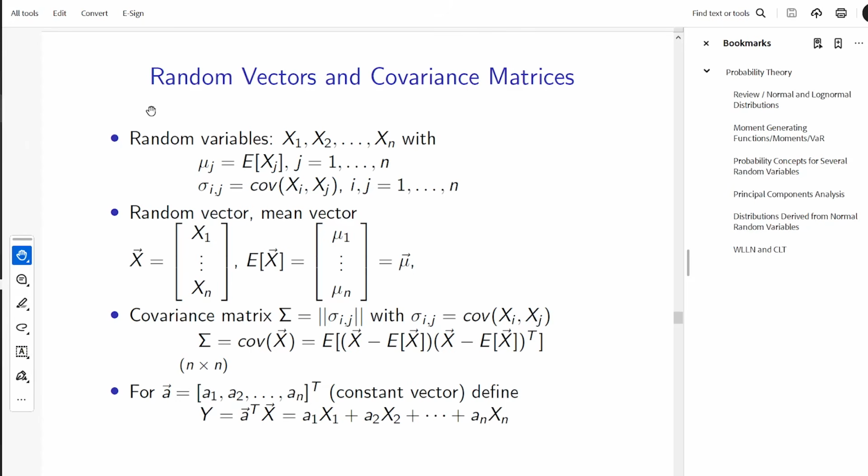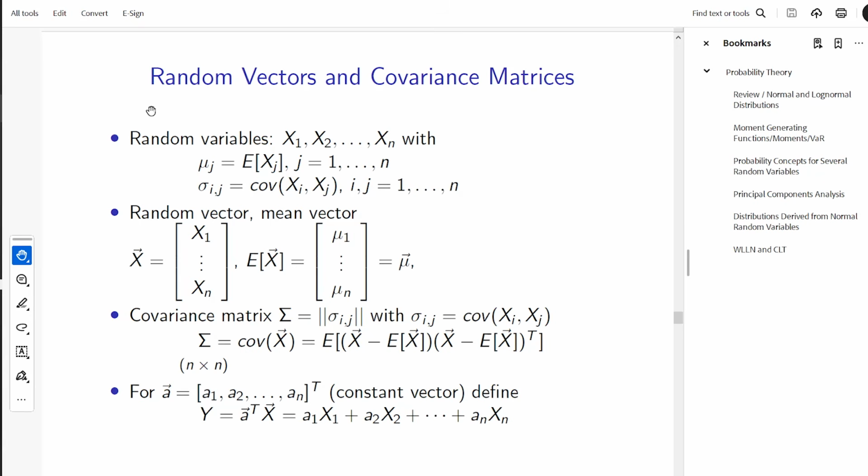Now, when we consider generalizing from two random variables to many, then we can think of working with random vectors, and with, say, little n being the count of different random variables, we can have notation of mu j for the means or expectations of each, and sigma ij corresponding to the covariance between xi and xj.